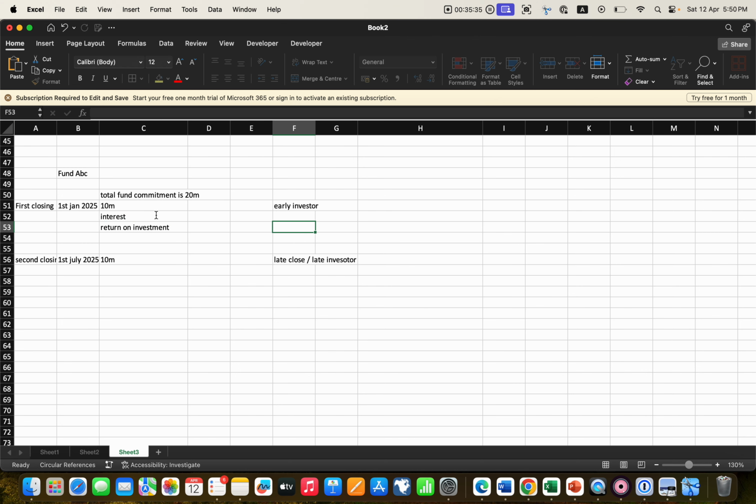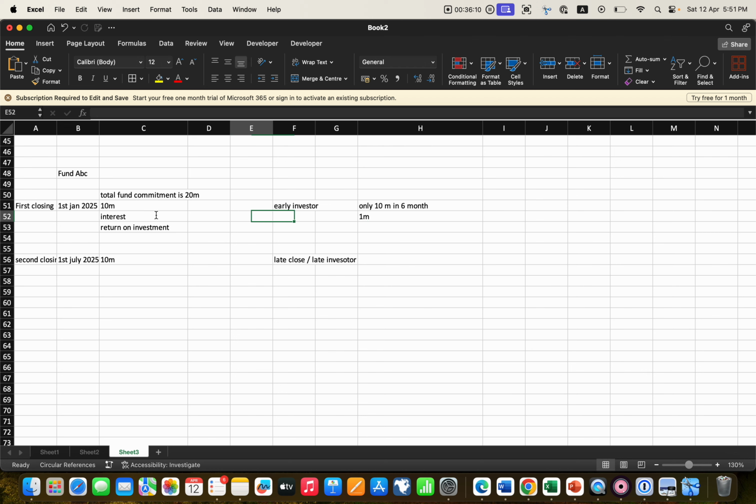For example, they have gained around 10% on 10 million, so it comes to 1 million gained, only on 10 million in 6 months. So the new partner joined on 1st July, and in the 6 months before he joined, the fund returned 1 million.